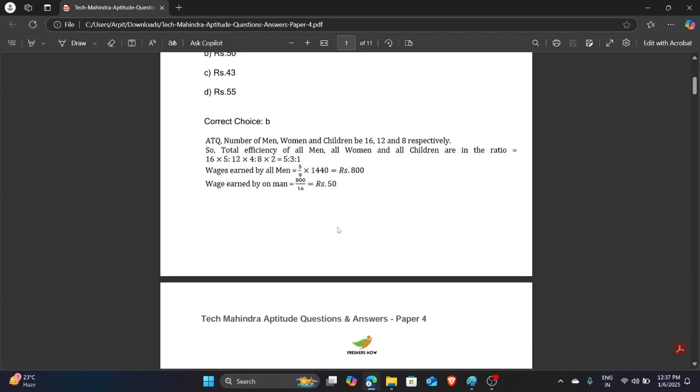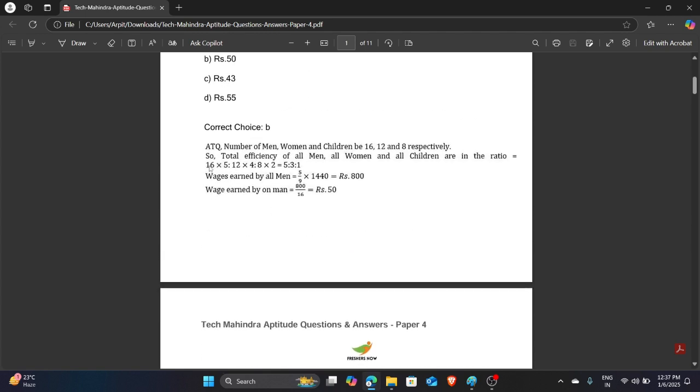What they have done is a little bit shorter. This is the work done by them: 16, 12, 8, the men, women and children, and their efficiencies, the ratio 5, 4, 2.